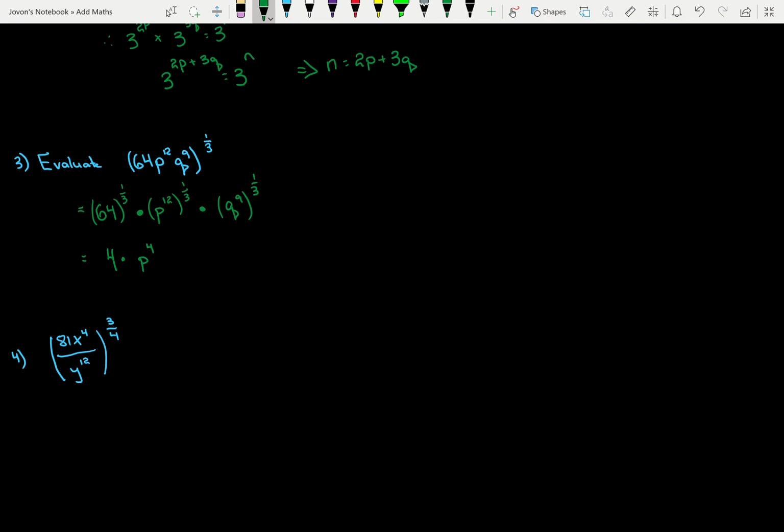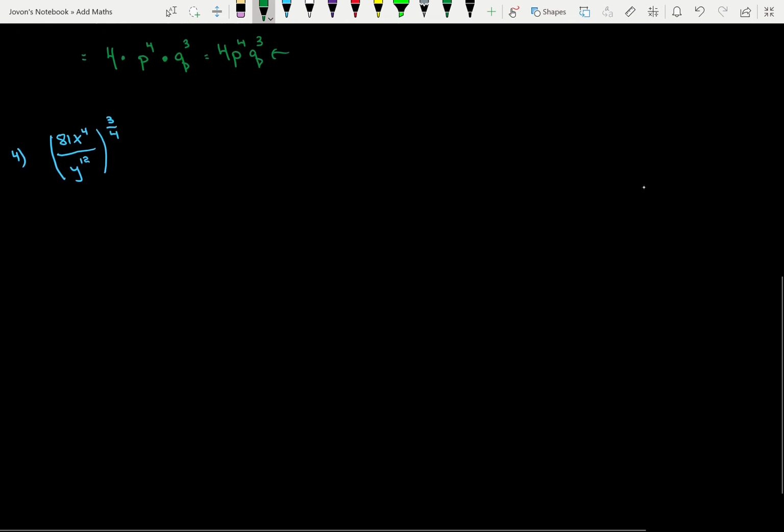And then we multiply 9 by 1/3 and we get 3. So this is the equivalent of 4 p to the 4 q to the 3, and that is the simplified term. Now we have another question.